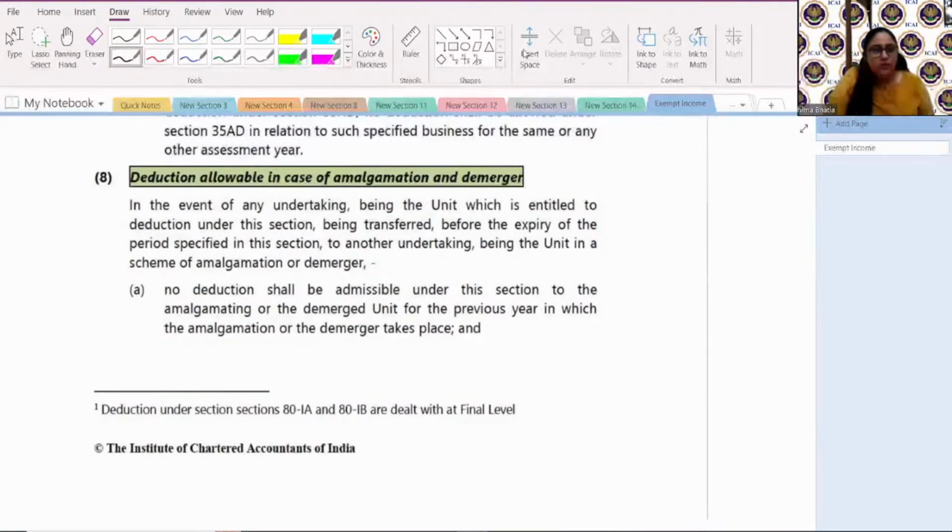Any other query? किसी का कोई query unresolved रह गया, so you can ask right now again. Page number 3.12 पे क्या query है, Aslam? 1 second. क्या बताना Aslam यहाँ पे?